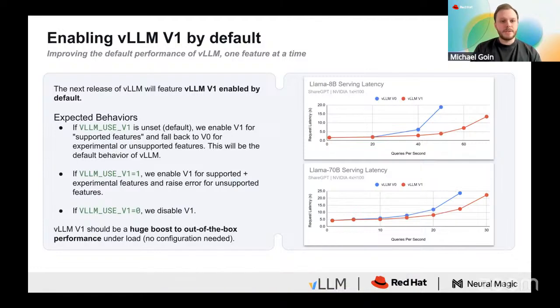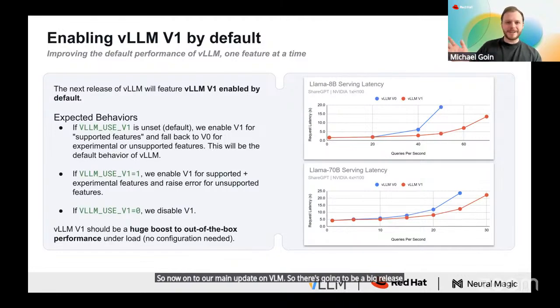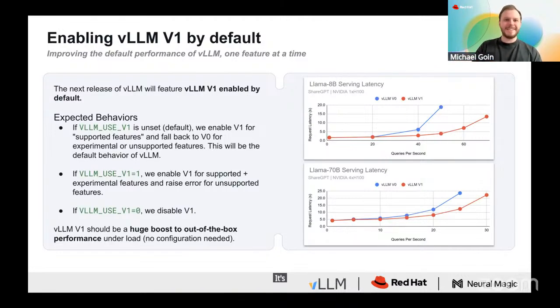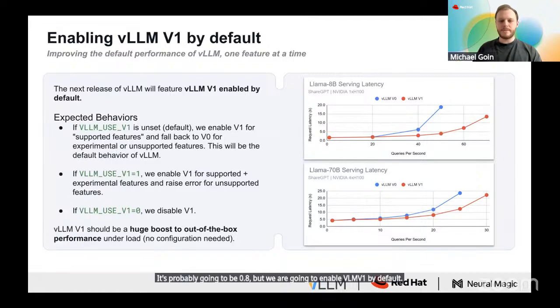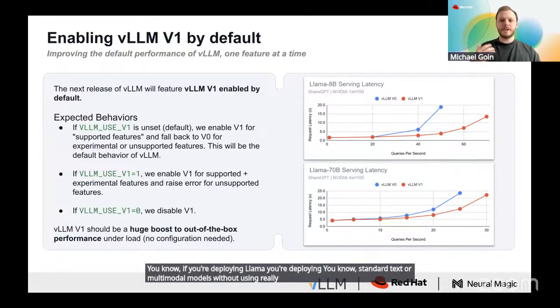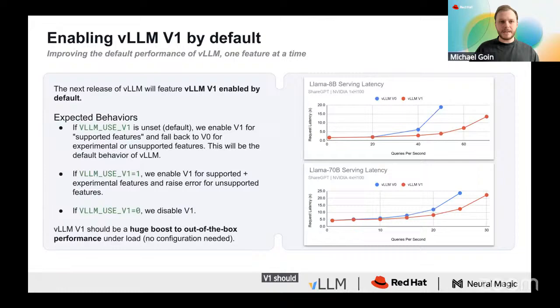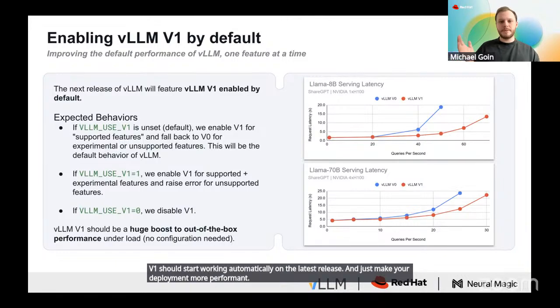So now onto our main update on vLLM. There's going to be a big release incoming. We're not going to call it 1.0. It's probably going to be 0.8, but we are going to enable vLLM v1 by default. This is critical for performance of the project, and from some of the graphs on the side, if you're deploying Llama, or standard text or multimodal models without using really exotic features, v1 should start working automatically on the latest release and just make your deployment more performant, both from a throughput perspective, but also from a latency SLA perspective, improving your time per output token and your time to first token.